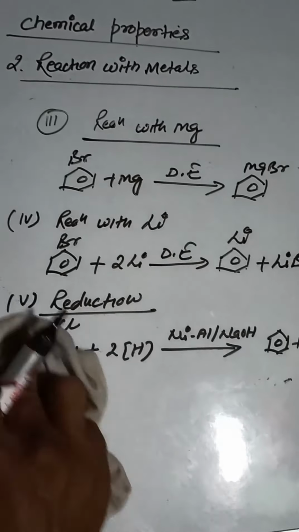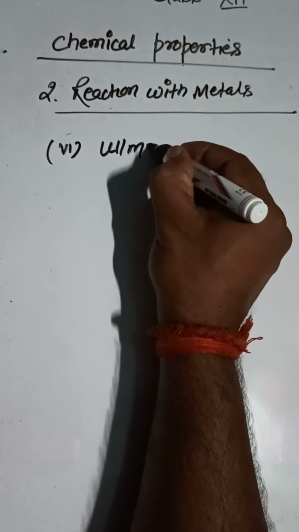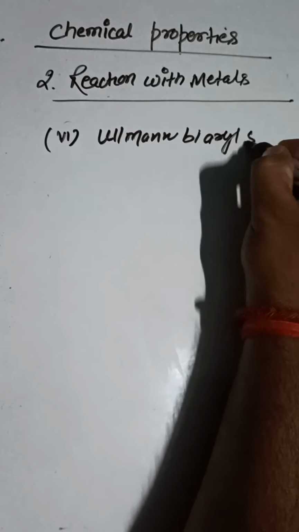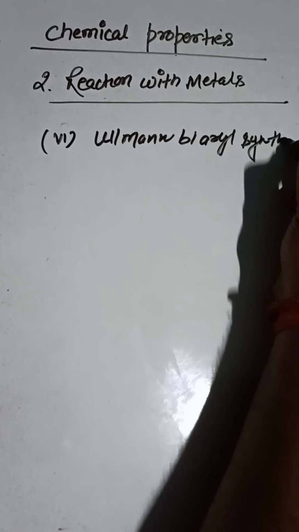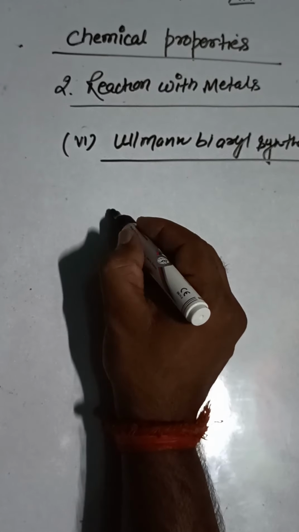Now I am going to explain the next reaction. The last reaction of this category, number 6, is called the Ullmann biaryl synthesis or Ullmann reaction.